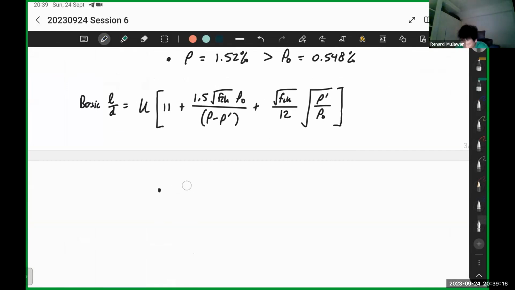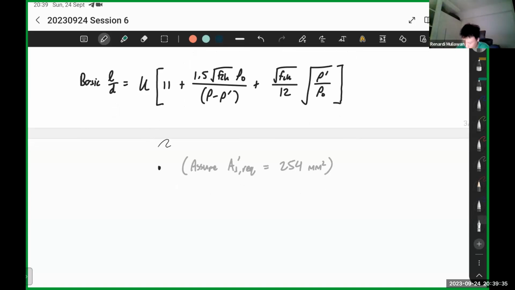Since in this question they don't give it, assume AS required prime for the compression steel is 254. I'm just matching the tutorial solution since they don't give it here. So rho prime is AS required prime divided by b times d times 100%.